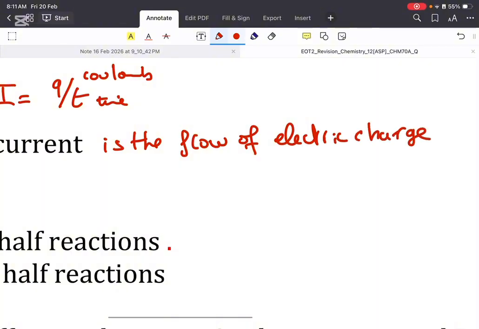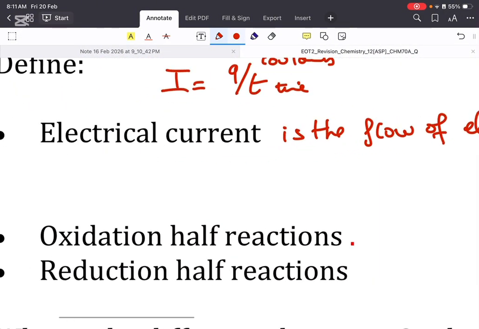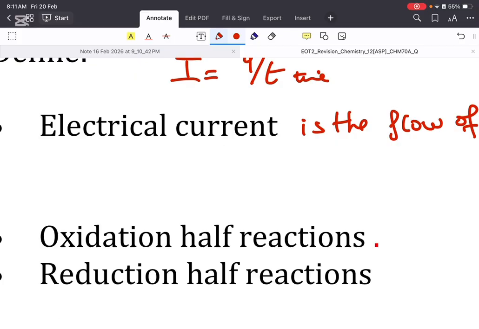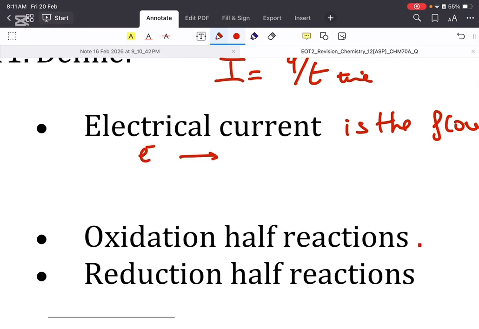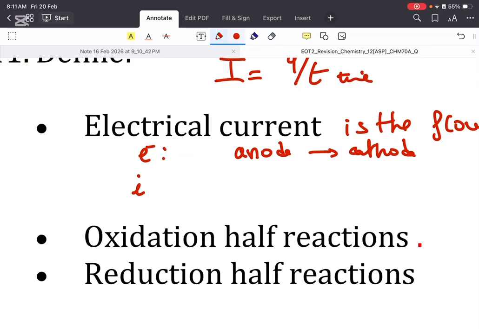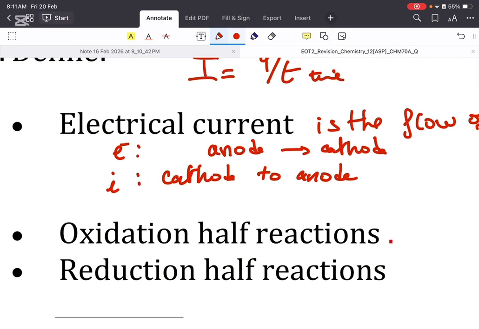The current direction is opposite to the direction of electrons. Electrons flow from anode towards the cathode, whereas the current flows from cathode to anode. That's the direction of the current.